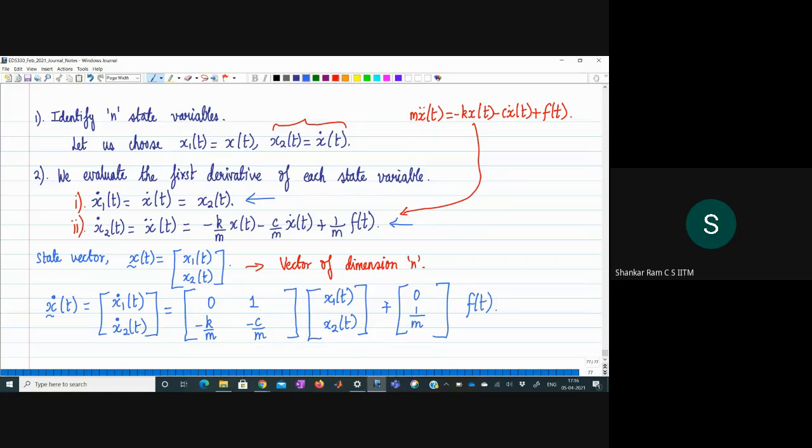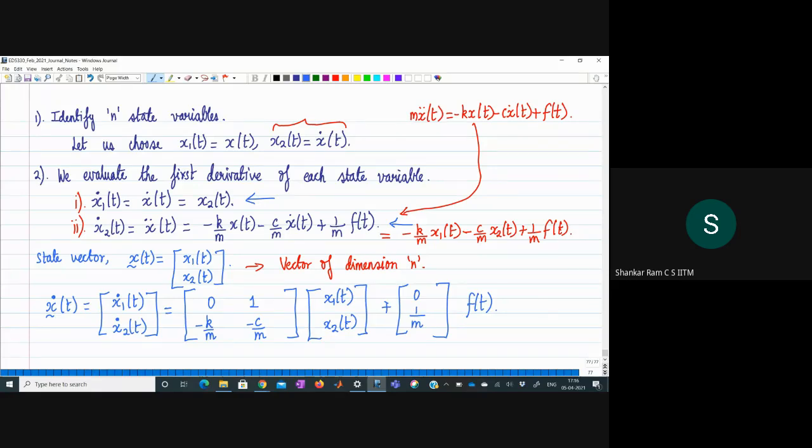Please note that I can rewrite this as minus k by m x1(t), because x is x1, minus c by m x2(t), because x dot is x2, plus 1 by m f of t, right? That's how we can rewrite the second equation.